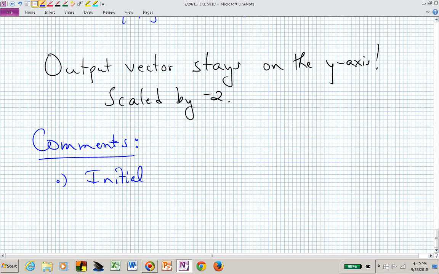One is the initial vectors, v1 and v2, were actually eigenvectors. Why can I say that? Because we started on a vector and we stayed on that same vector. And those vectors were really subspaces in our domain.